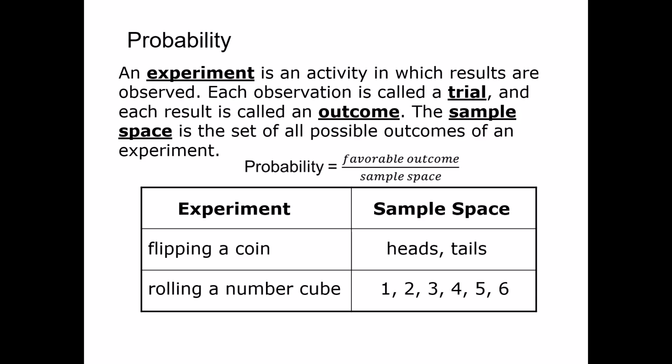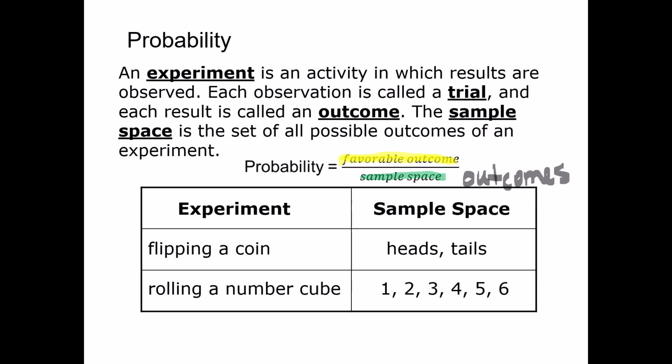We find probability by comparing the favorable outcomes, what we want to happen, to what is possible. What is possible we call our sample space. On the previous slide, those were the outcomes that we saw were possible.